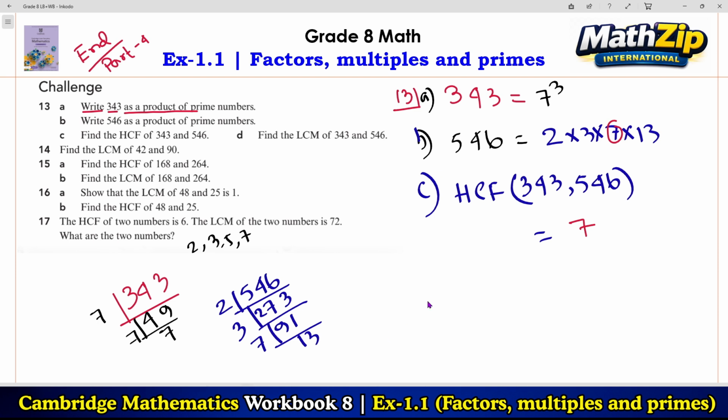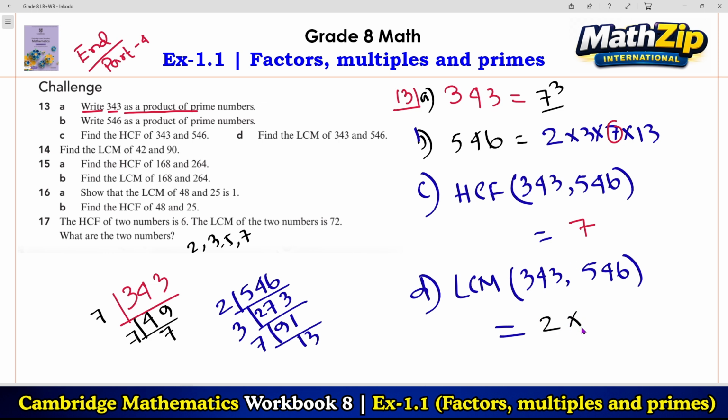What about part D? Here it is mentioned to find the LCM of 343 and 546. We already found the prime factors of 343 and 546. So here is 7 cube, so we will take 2 times 3 times 7 cube times 13, right?